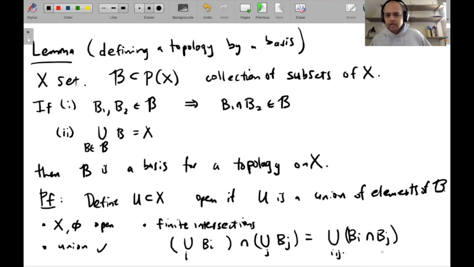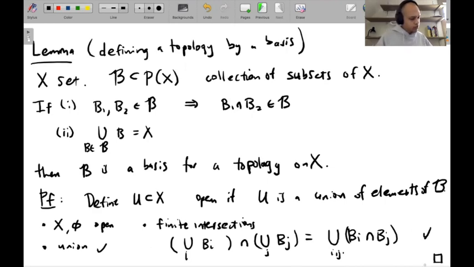And by assumption 1, this intersection is also in B. And so this is a union of elements in B, and hence it's open. This was the intersection of two, but if you intersect finitely many, it's the same type of argument.